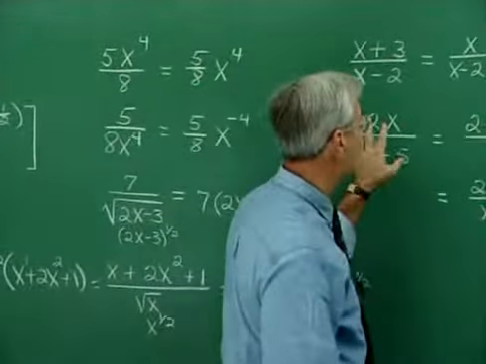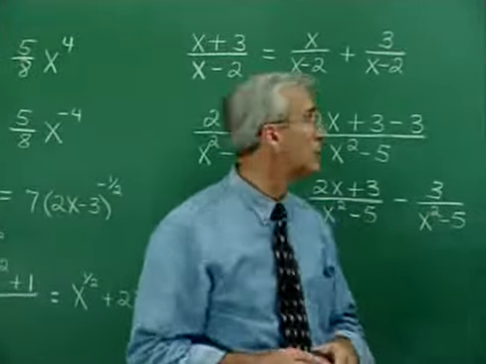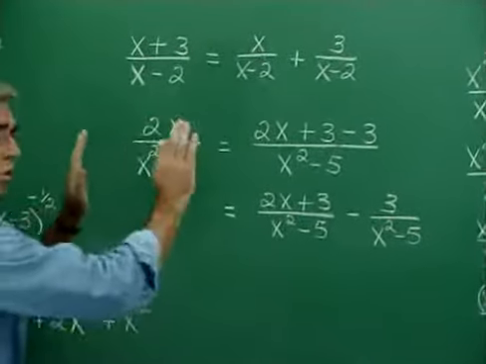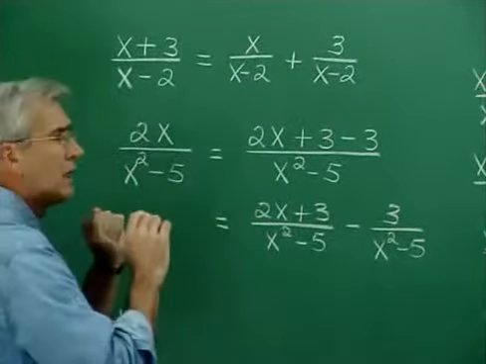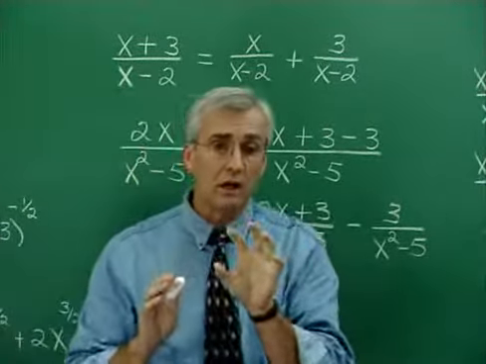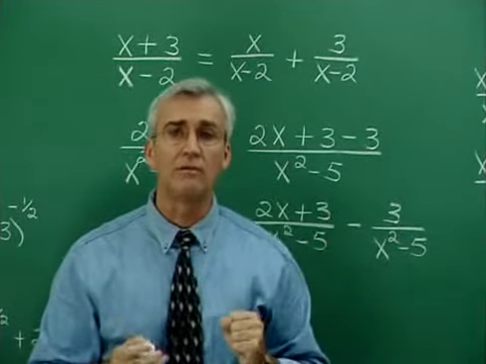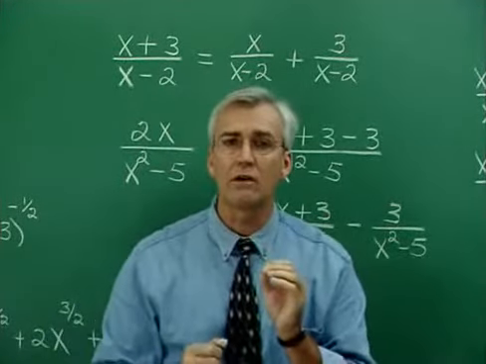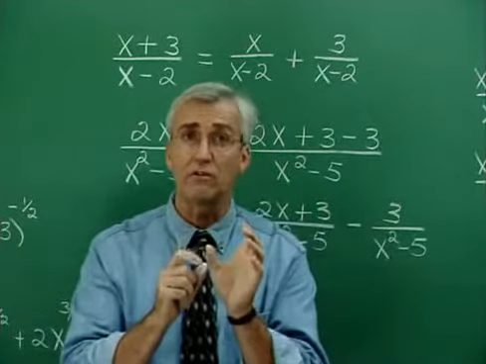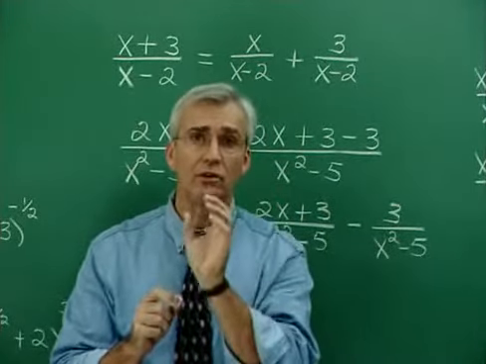Here's a really clever situation involving fractions. We know that when we have an algebraic fraction and we have a polynomial numerator and a monomial denominator, that monomial denominator can be thought of as a divisor for every term of the numerator.